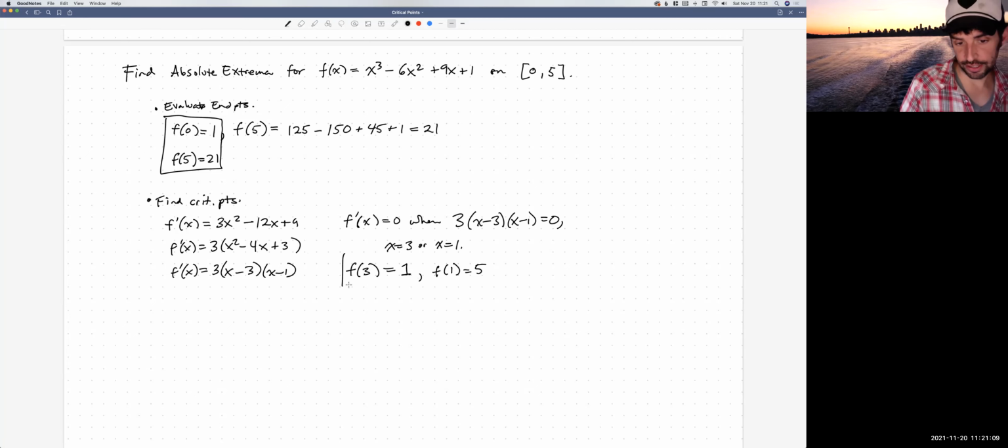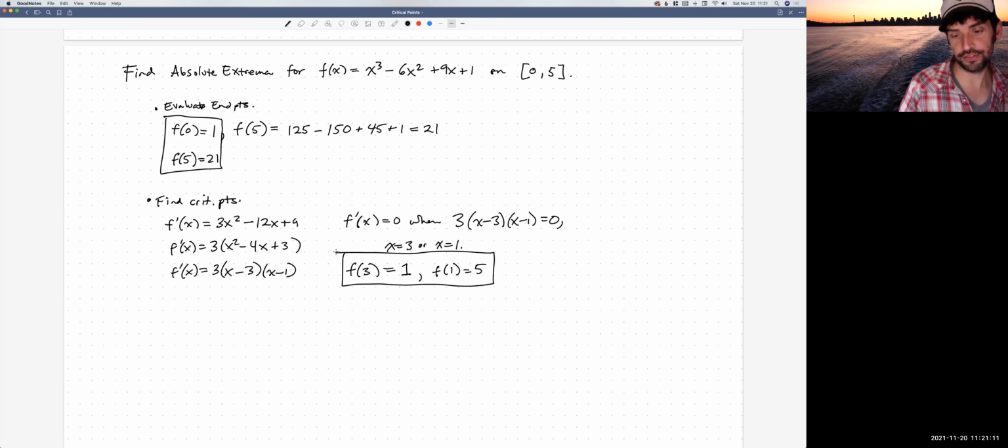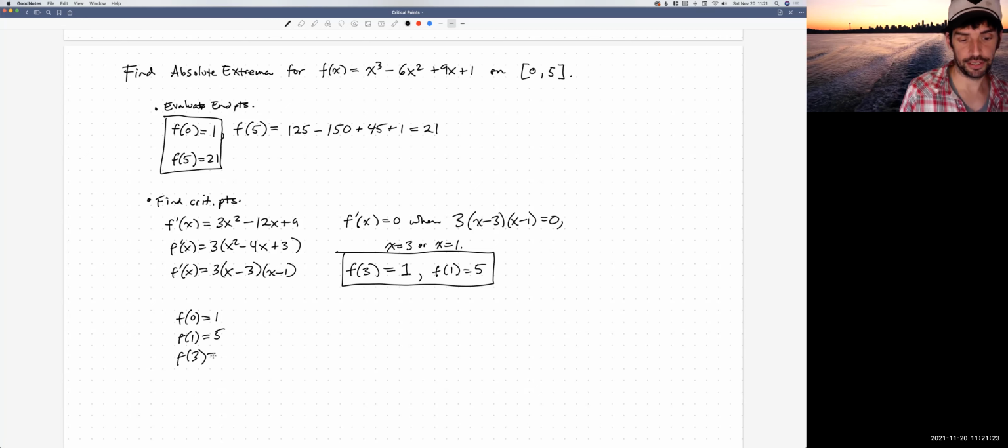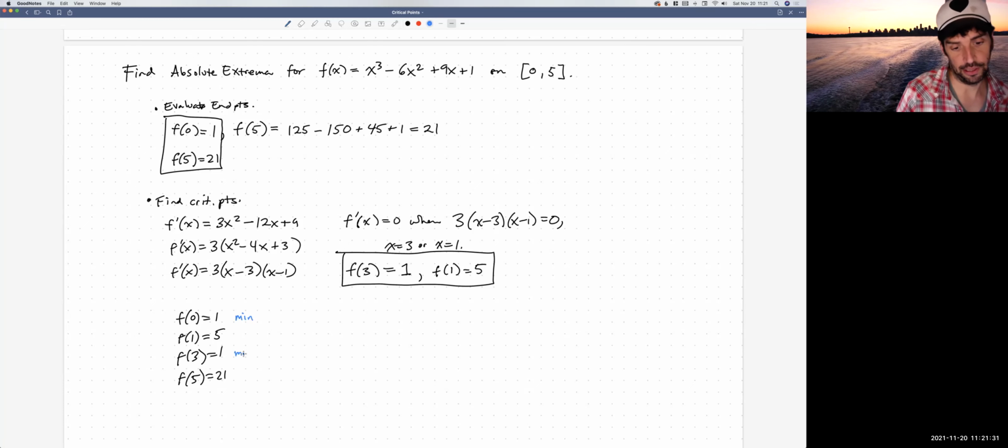So I've got my critical points evaluated, my endpoints evaluated. Let's just compare. So I'm just going to write them in order. F of 0 equals 1. F of 1 equals 5. F of 3 equals 1. F of 5 equals 21. We've got two minimums, right?